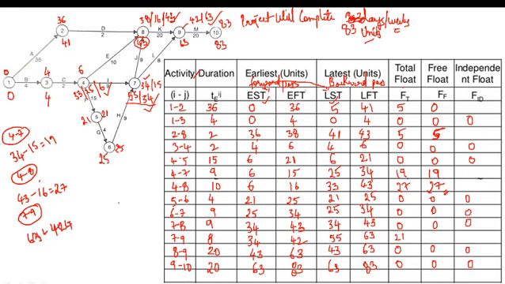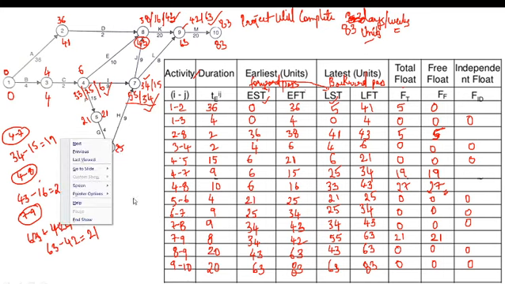Which activity are we looking at? 7 to 9. Yes, 63 minus 42 is 21. Write down 21 over here. This was nothing but the calculation of free float.